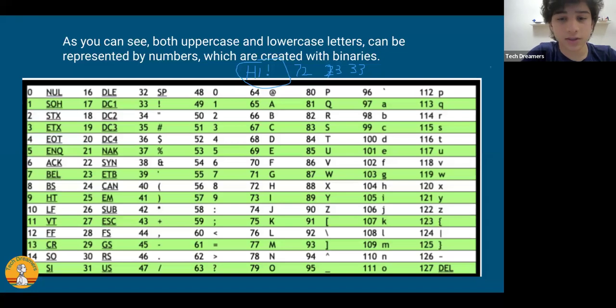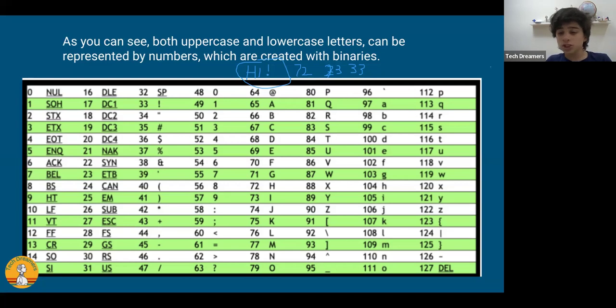Yes, so the chart is a decided constant. I'll also write it in the chat, but the chart is a decided constant that many programmers and technological innovators have agreed on. Because if, let's say, one person decides that 57 will be an I, and someone else thinks that 57 should be a 9, those two values have different meanings, so they can't be integrated, because in one place you'll see a 9 and in another place you'll see a percent sign.